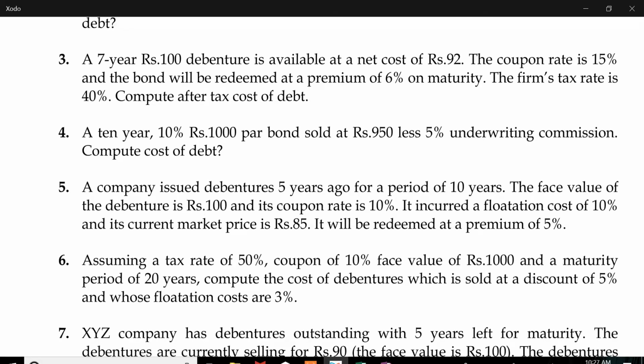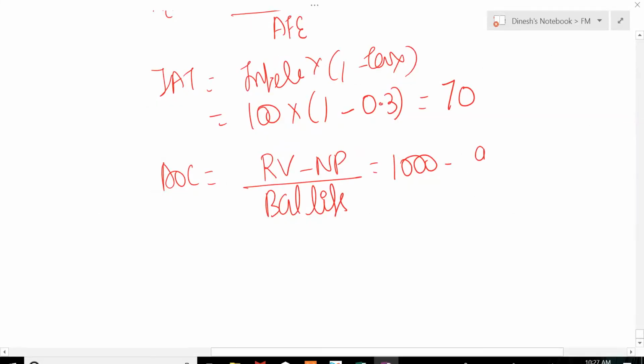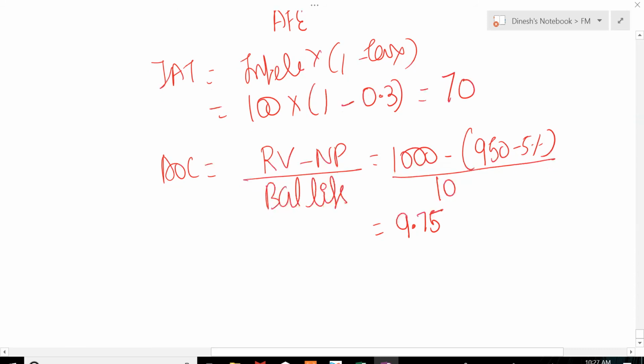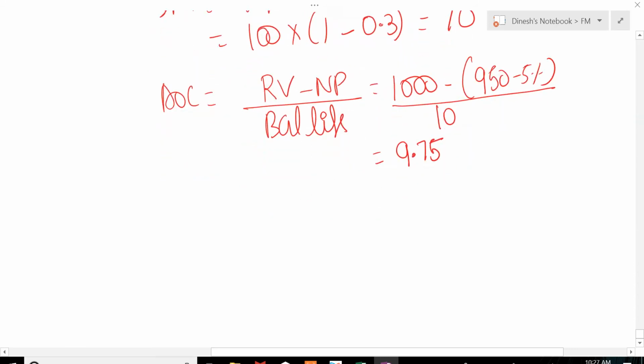Now, minus 950 minus 5%. It can be 950 minus 50 rupees also, 5% of 1000. How many years life? 10. This is how much? 9.75. Done.